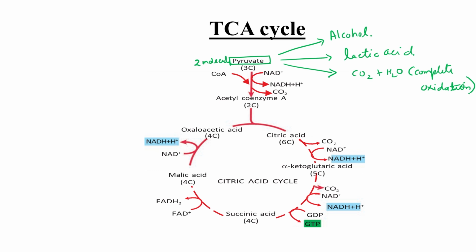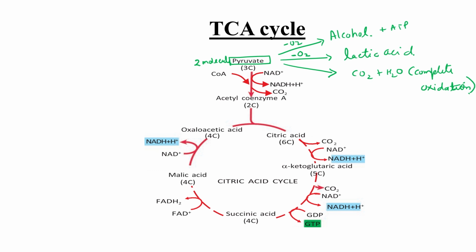So if oxygen is not present, in anaerobic condition, pyruvate can convert itself into alcohol, and a small amount of ATP is generated during this process, only 2 ATP, that is already generated during glycolysis.